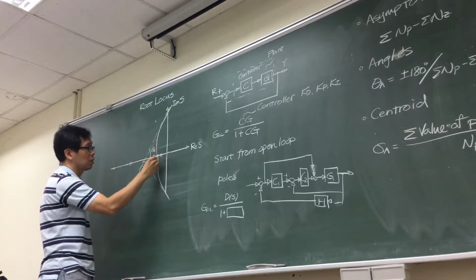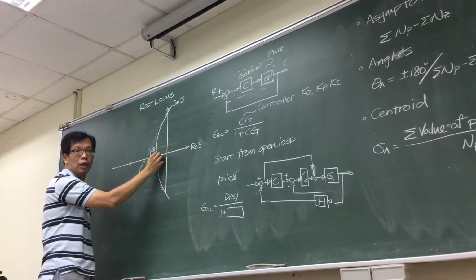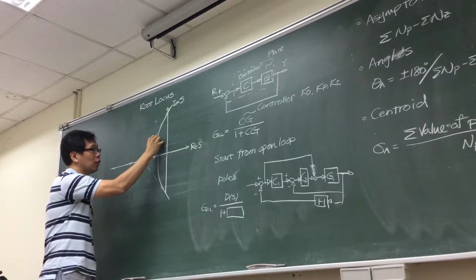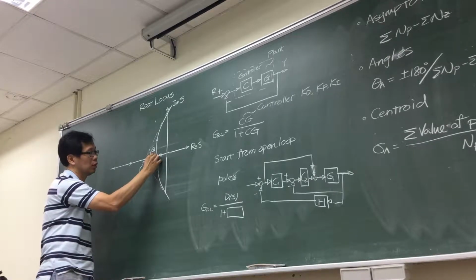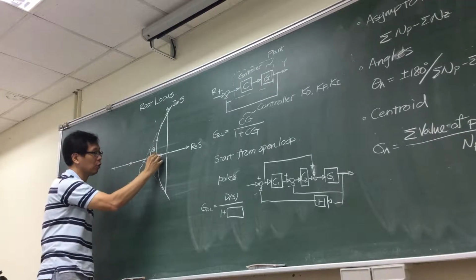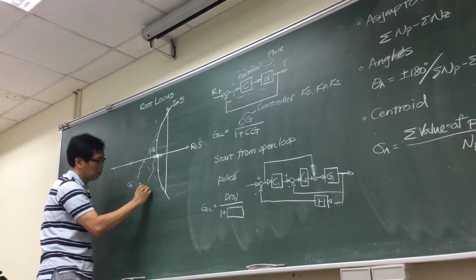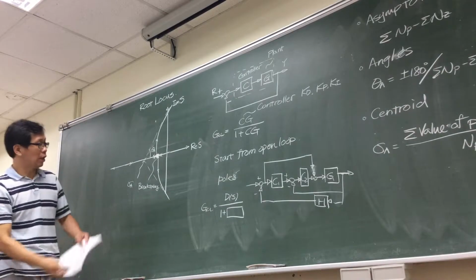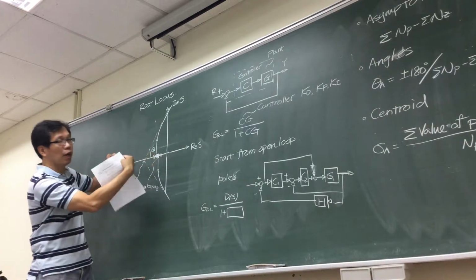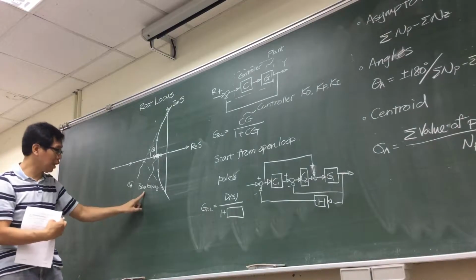Because we have a few poles over here, we know they might hit or encounter each other and start to break out, right? Because they must end at infinity, which means they will get close to each other and start to break out. This point over here we call breakaway, because they are leaving from the encounter to other directions. Does it make sense? So it's breakaway.